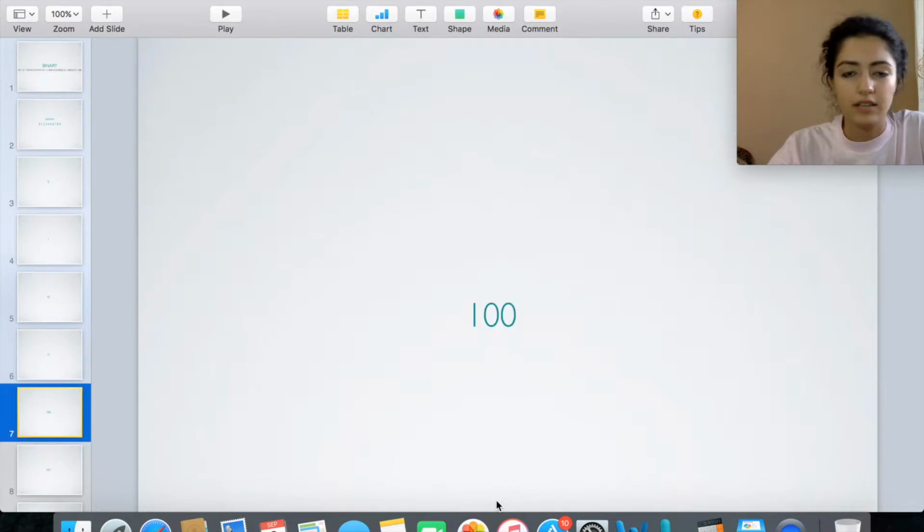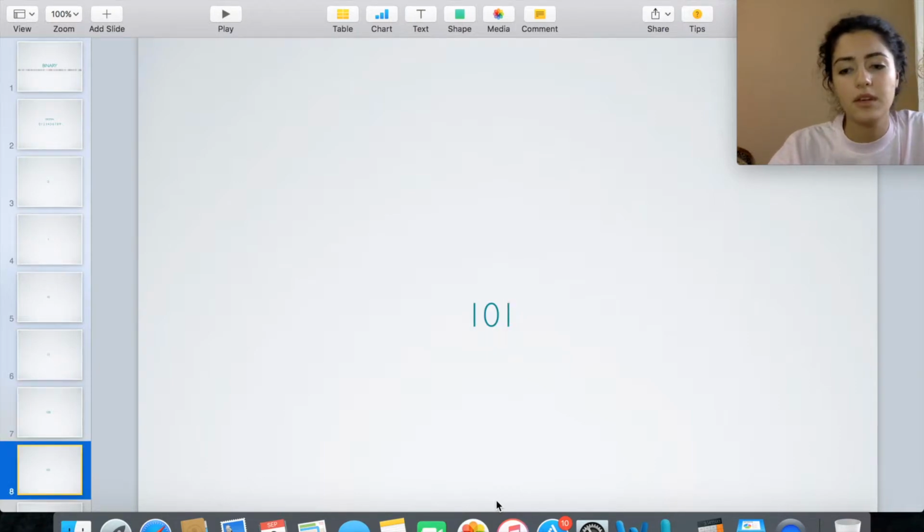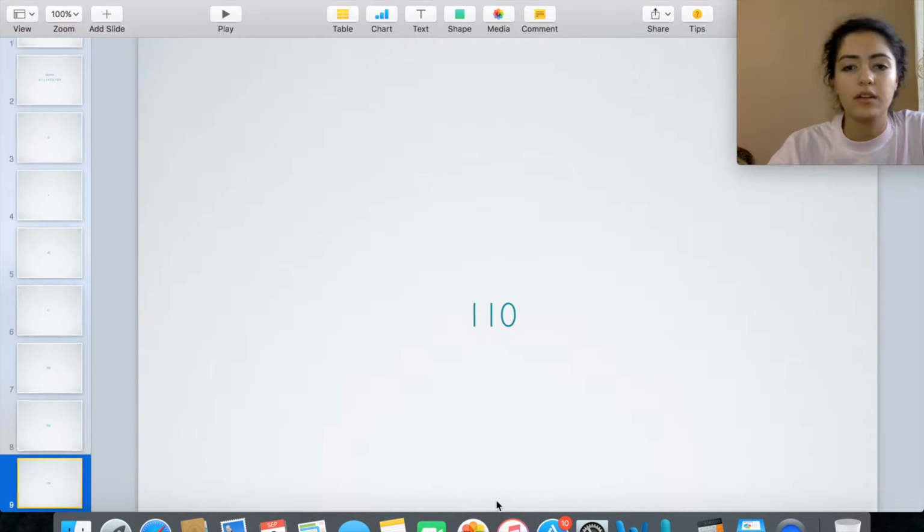And we have to add another digit again. 1, 0, 0 equals 4, 1, 0, 1 equals 5, 1, 1, 0 equals 6, 1, 1, 1 equals 7, and so on. If you take a closer look, you'll notice the pattern. It's like every time we change the number, 1 floats from the end to the start.